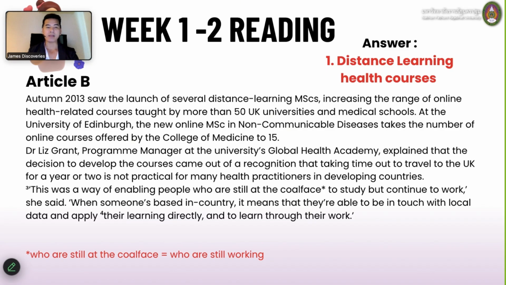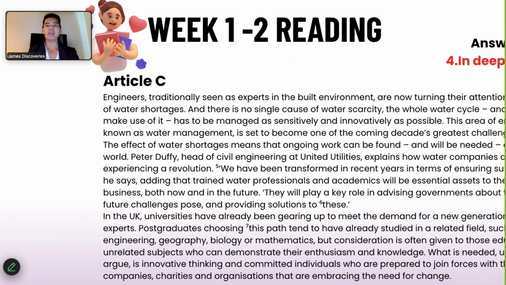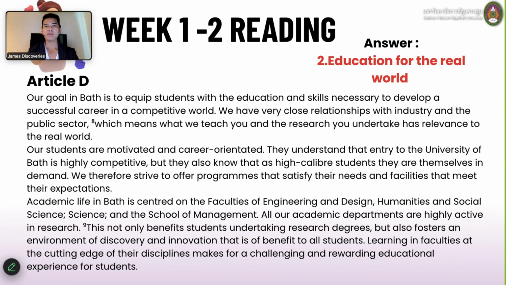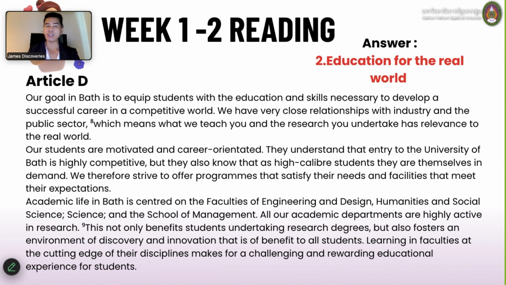That is what it meant. The next, Article C, is about in deep water. I want you to read this one as well because you're going to answer questions later on. So please give time to read. And then Article D is education for the real world. So please read because we're going to answer.